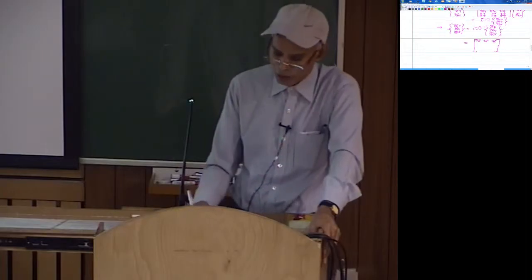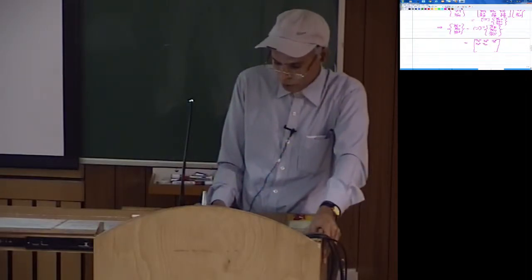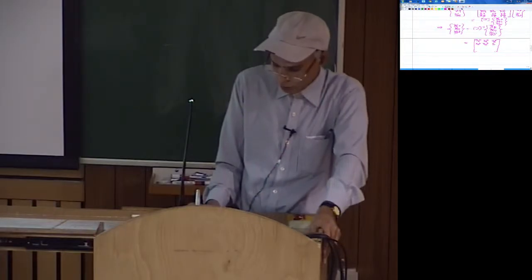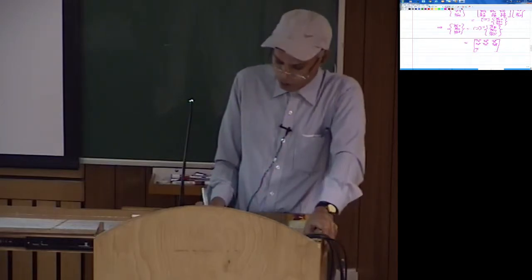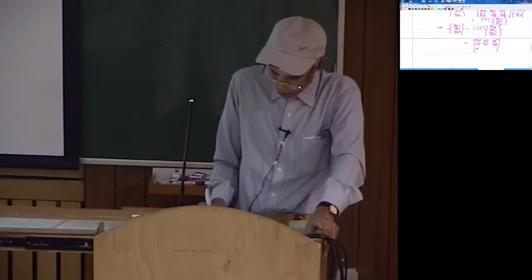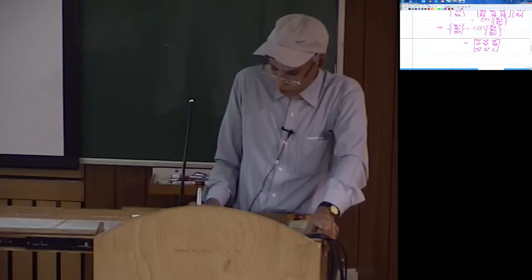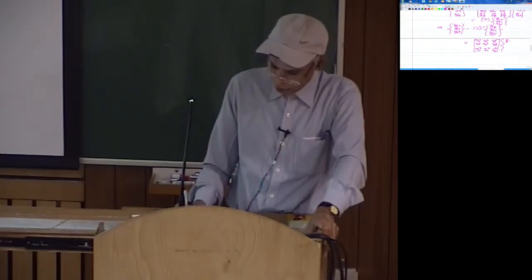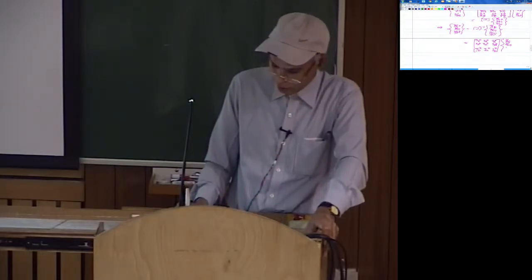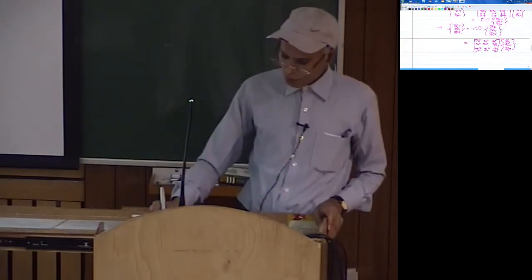These are nothing but elements of J inverse, and then J21 star, J22 star and J23 star. In general this would be unsymmetric, in specific cases it can be symmetric. Then J31 star, J32 star and J33 star, into del by del xi, del by del eta and del by del zeta.